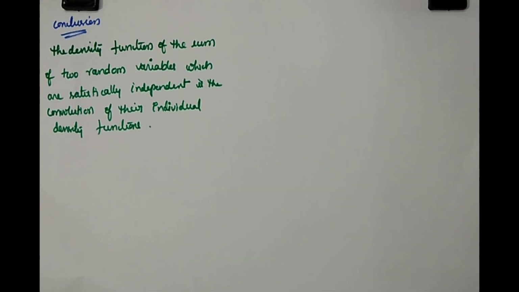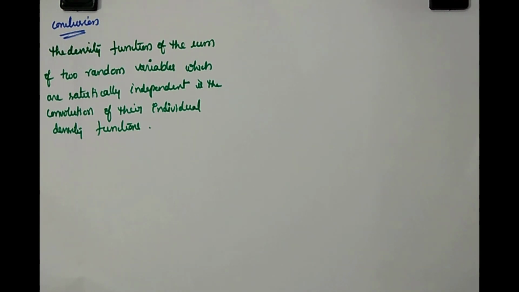Again, you read the conclusion. The density function of the sum of two statistically independent random variables is equal to the convolution of their individual density functions.